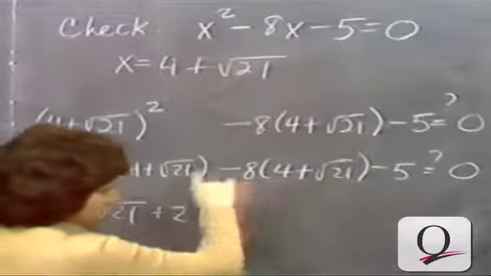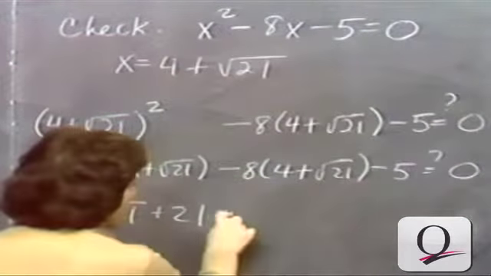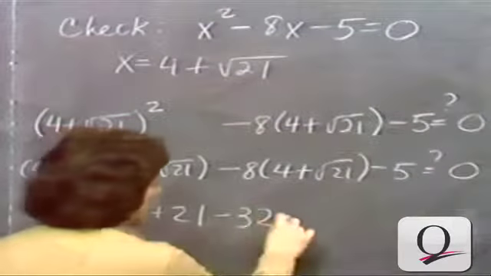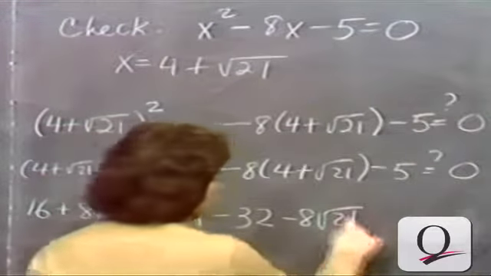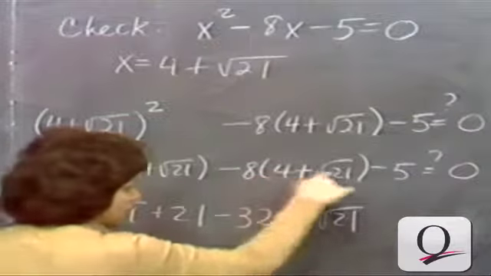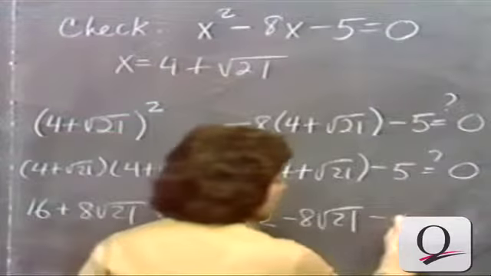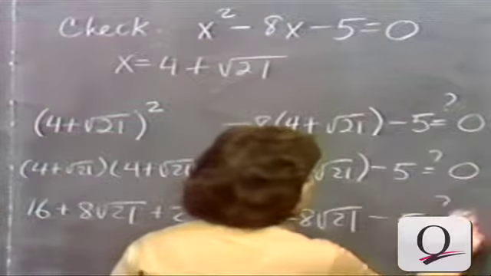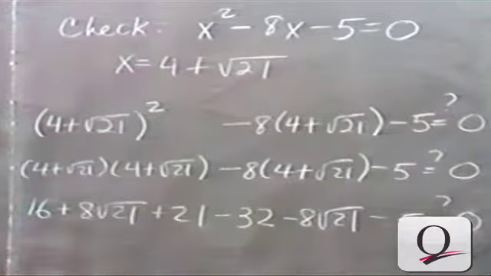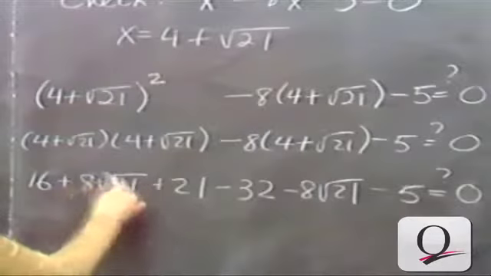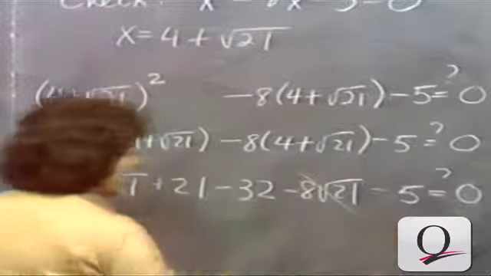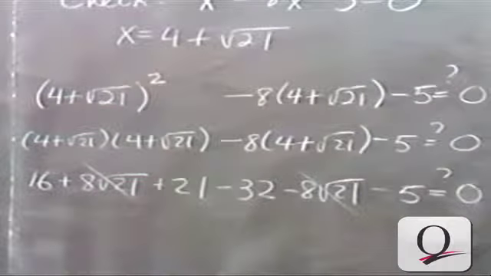Now, minus 8 is to be distributed through the parentheses, giving minus 32 minus 8 the square root of 21. Minus 8 times 4, and then minus 8 times the square root of 21. Minus 5 should be equal to 0. Here we notice that the plus 8 the square root of 21 and the minus 8 the square root of 21 knock each other out.